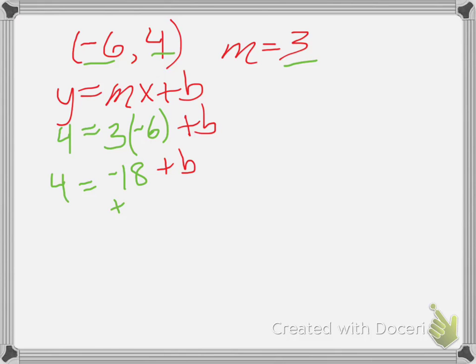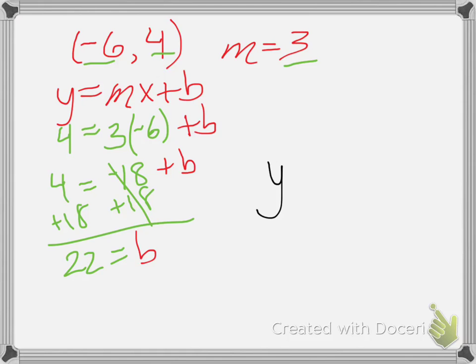I'm going to move my 18 over. I get b equals 22, so my final answer is y equals, oops, the slope was 3, so y equals 3x plus 22.